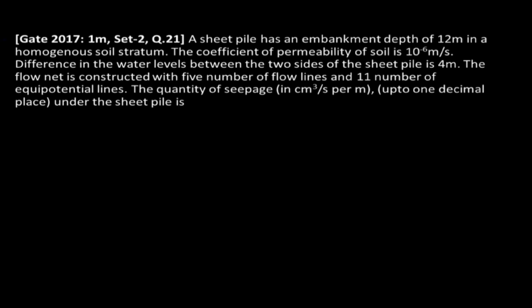In this question, they have given the embankment depth, that is 12 meter, and coefficient of permeability of soil is 10 to the power minus 6 meter per second. So we'll write the given data where K equal to 10 to the power minus 6 meter per second, and difference between the water levels, which is head loss, H is equal to 4 meter. The flow net is constructed with 5 flow lines and 11 equipotential lines.